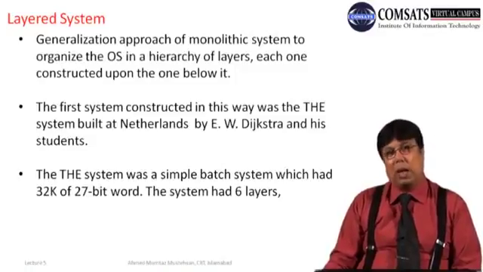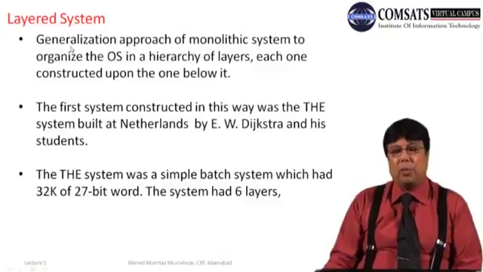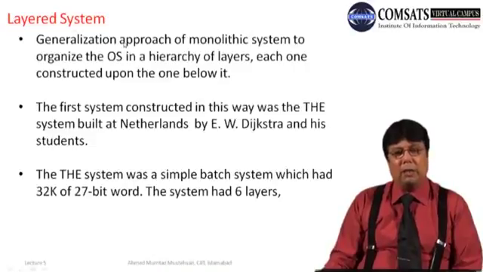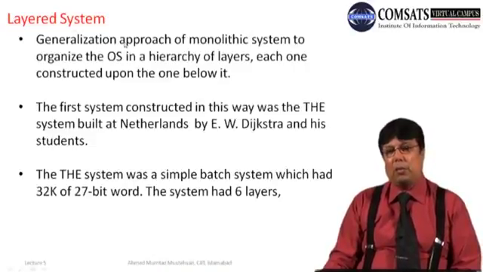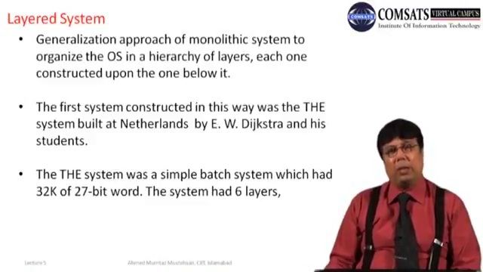I said that if you assume it as three layers, then the next structure is the layered system. Now in this layered system, we can see that it is a generalization approach of the monolithic system. In the monolithic system I said that logically we assume there are three layers. So it is basically a generalization approach picked up from the monolithic system to organize the operating system in a hierarchy of layers.